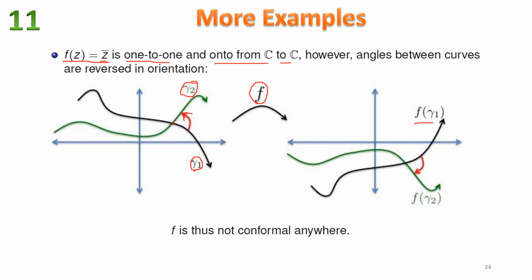Similarly, gamma 2, which is a nice smooth green curve, its conjugate is the reflection, the mirror image of that, and that goes below the real axis. And here, if you look at the angle from f of gamma 1 to f of gamma 2, you can see the direction of the angle is reversed. Even though the magnitude of the angle is preserved, the direction is not preserved, and therefore the conjugate function is not a conformal mapping anywhere.